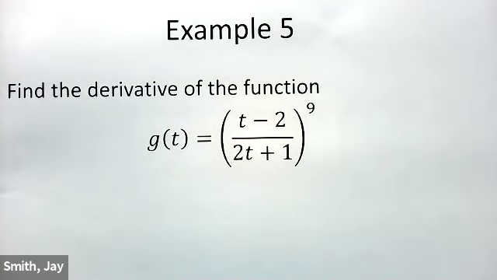All right, example 5, this time we're asked to find the derivative of the function g of t, which is t minus 2 divided by 2t plus 1, this entire quantity raised to the 9th power.